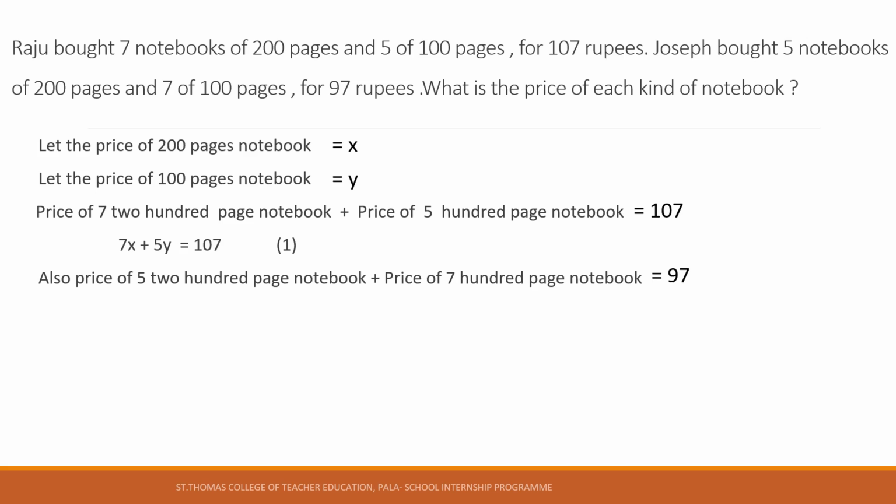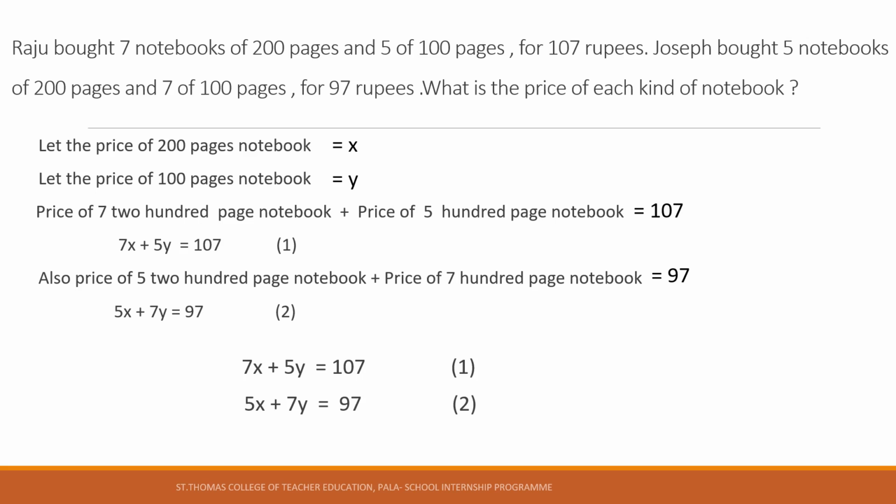Now tell me the equation. 5 200-page notebooks, so 5x. Price of 7 100-page notebooks, so 7y. So the equation is 5x plus 7y equal to 97. And we call this equation number 2. Good. So we got 2 equations, isn't it?